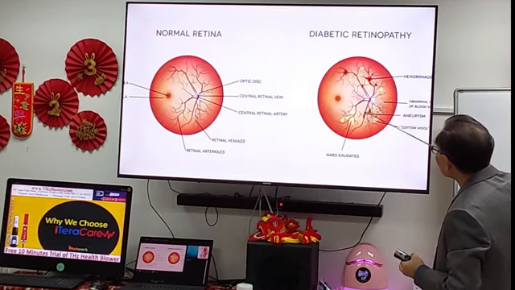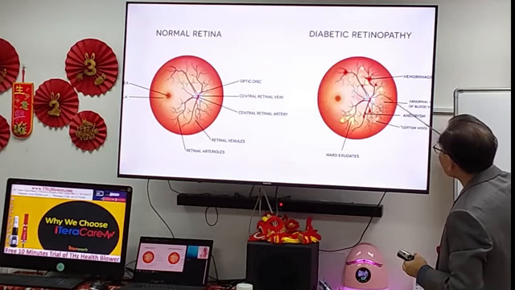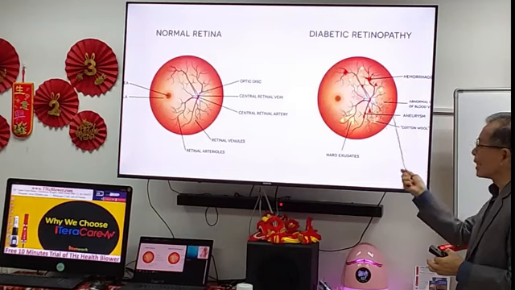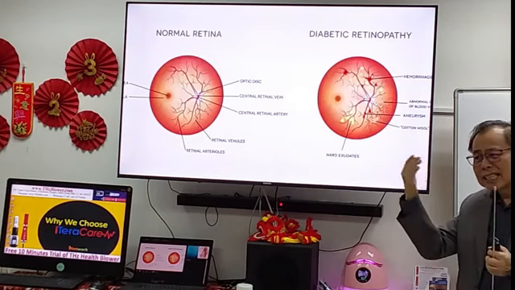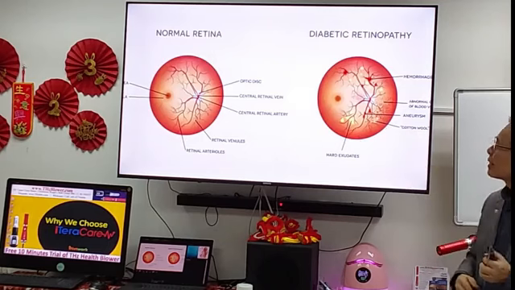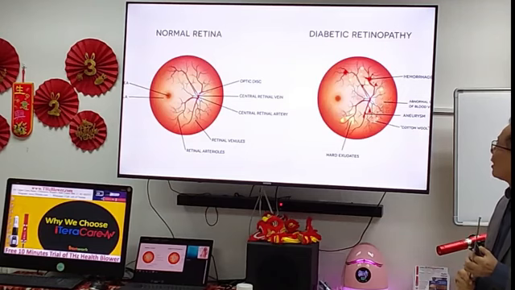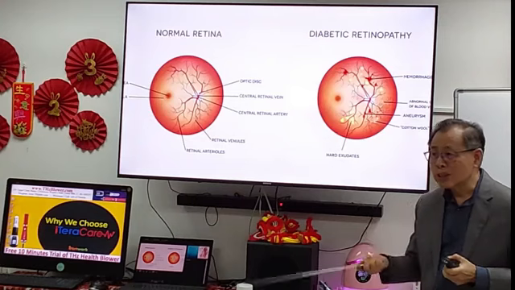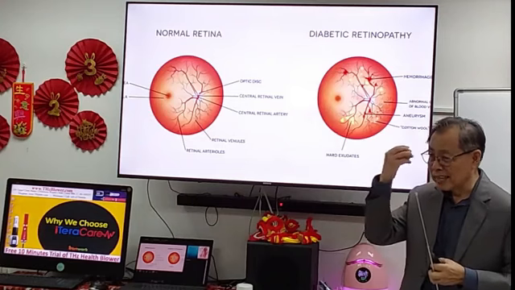Ballooning of blood vessels and growth of tiny blood vessels in the retina. So you can't see clearly because all this damage is there, and this is due to diabetes. You can see how much diabetes has damaged you by looking at the eye.